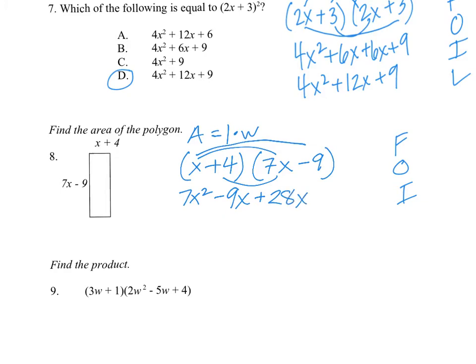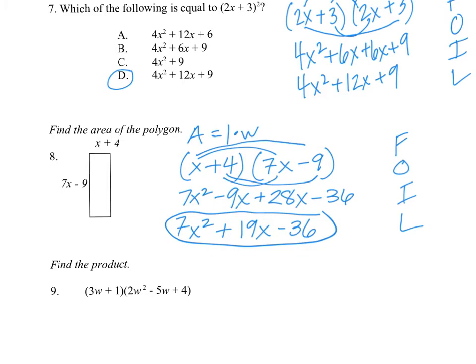And then let's do the last, which is going to give us negative 36. Let's combine those like terms. And when we do, we're going to get 7x squared plus 19x minus 36. And so that is our answer.